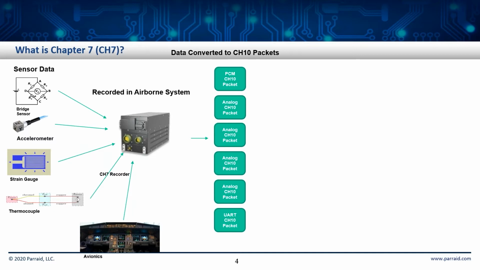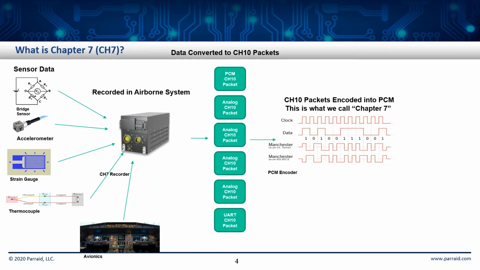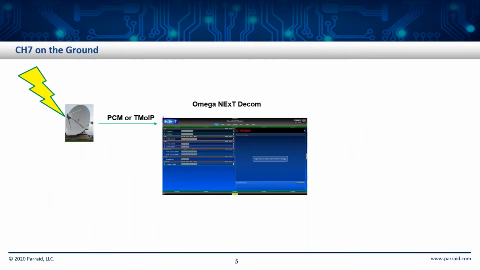of streams. Then the data would be encoded into PCM, and this chapter of the standard describes that. This is Chapter 7, which is why we call it Chapter 7. It's not very creative, but it is what it is. This comes down as ones and zeros to the ground as PCM.